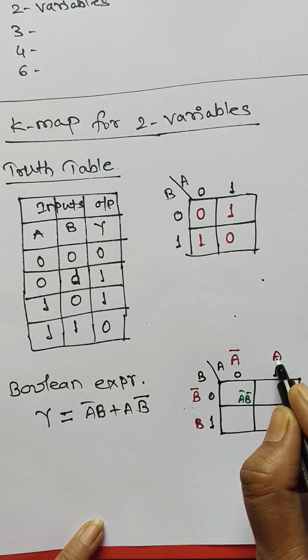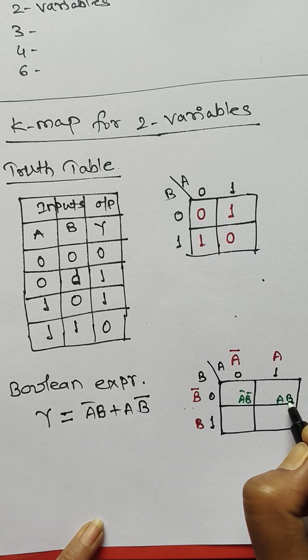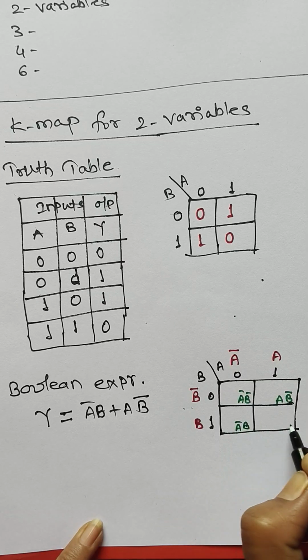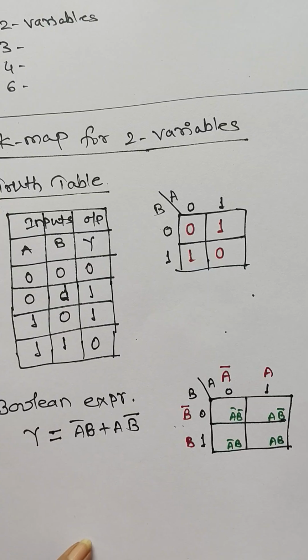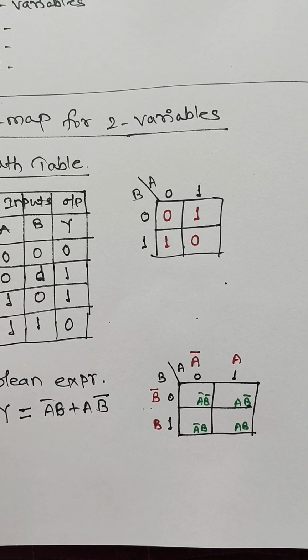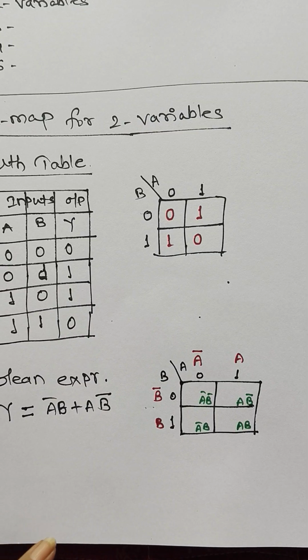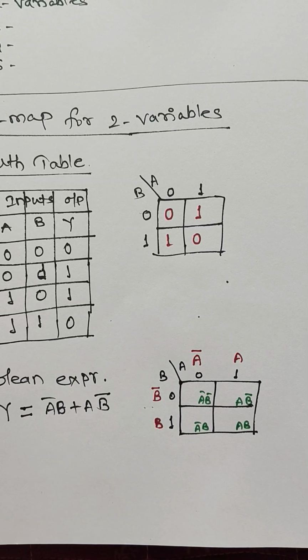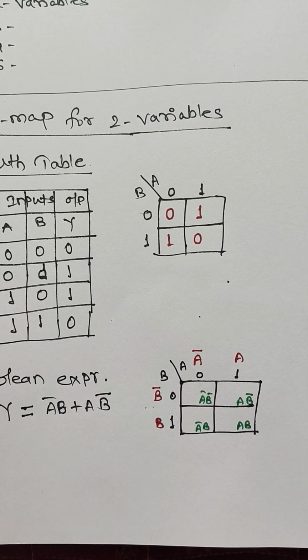Second box is related with A B bar. This box is related with A bar B, and this box is related with A B. Okay, these are the product terms. I am writing the K-map for sum of product now. Afterwards you are going to understand that for the SOP and for the POS we need to write down the K-map in somewhat different ways. Okay, first understand how to write it.